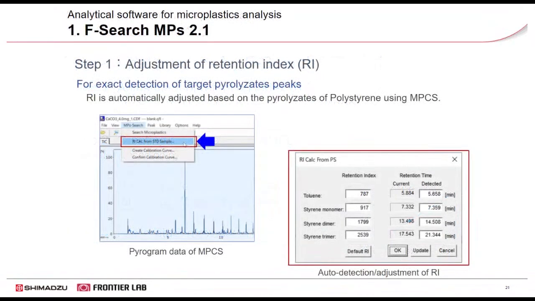So here you can see step 1 in the F-Search MP software, in which the retention index is automatically adjusted based on the pyrolysates of polystyrene using the microplastic calibration standard. You can perform this step by simply clicking on the RI-cal from STD sample in the software, which is the retention index calculation from the standard sample.